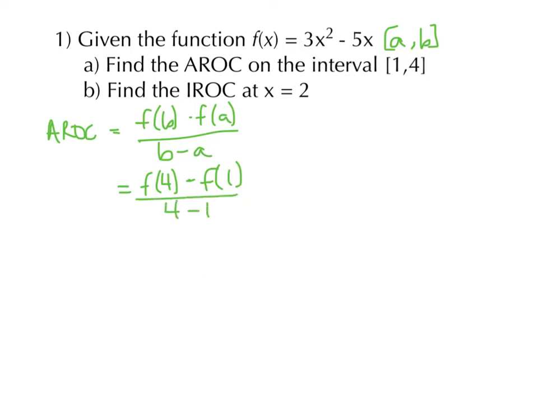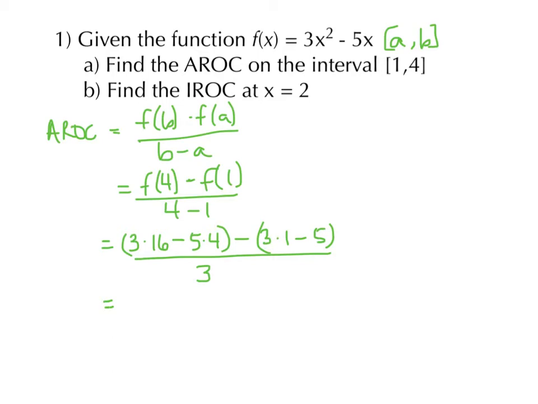Okay, well, f of 4 means I'm plugging 4 into this function. So that would be 3 times 16 minus 5 times 4, minus f of 1, which would be 3 times 1 minus 5 times 1, over 3.